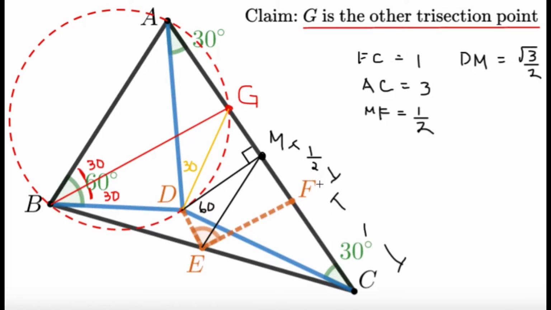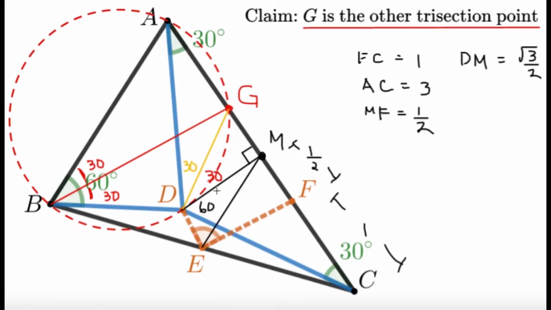Alright, now by the same logic, we can use triangle ADM, which is a 30, 60, 90 degree triangle. We can additionally use the fact that ADM is going to be 60 because this angle is 30 degrees. And we know that ADG, based on the cyclic quadrilateral we got a while ago, is 30 degrees. So this angle over here, GDM, must be 30 degrees as well.